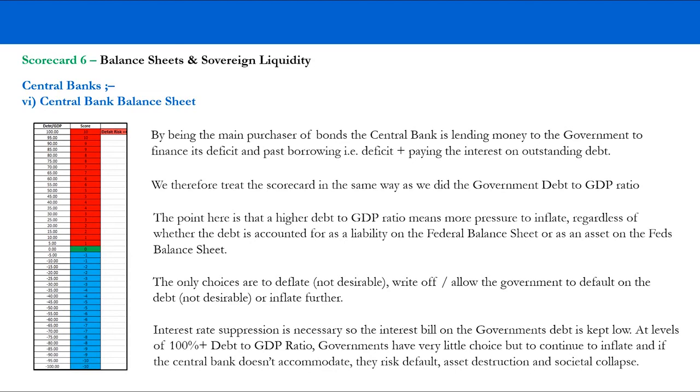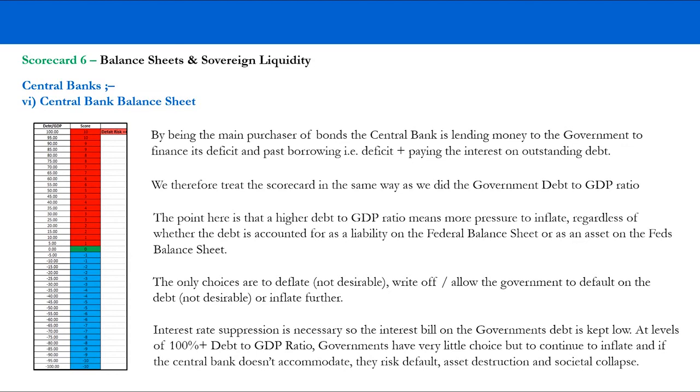So interest rate suppression is really necessary from open market operations from the Fed. So the interest bill on the government's debt is kept low because the government's debt is 100% debt to GDP ratio.